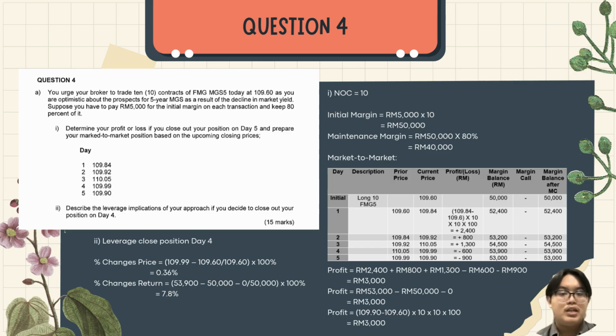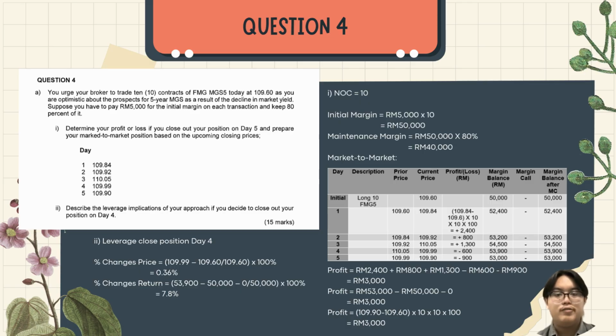However, the margin balance on day 4 is 53,900 ringgit. Compared to the initial margin of 15,000 ringgit, the gain is 3,900 ringgit. The percentage return on margin is 7.8%.